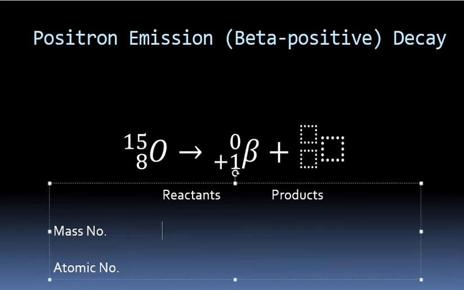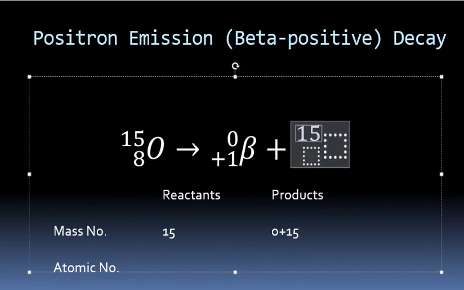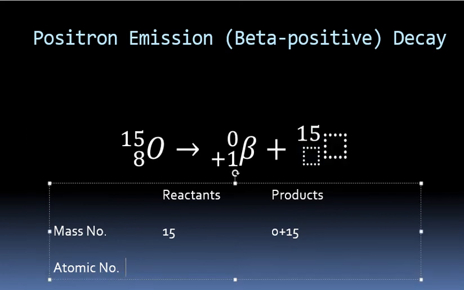The left side of the equation only has oxygen to worry about, therefore we only have a mass number of 15, and the products must add up to 15. Well, our beta particle has a mass number of 0, therefore 1 plus 0 equals 15? Yep, 15. And for the atomic number, well, oxygen has an atomic number of 8. Now, our beta particle, our positron or beta positive particle, it has an atomic number of +1.